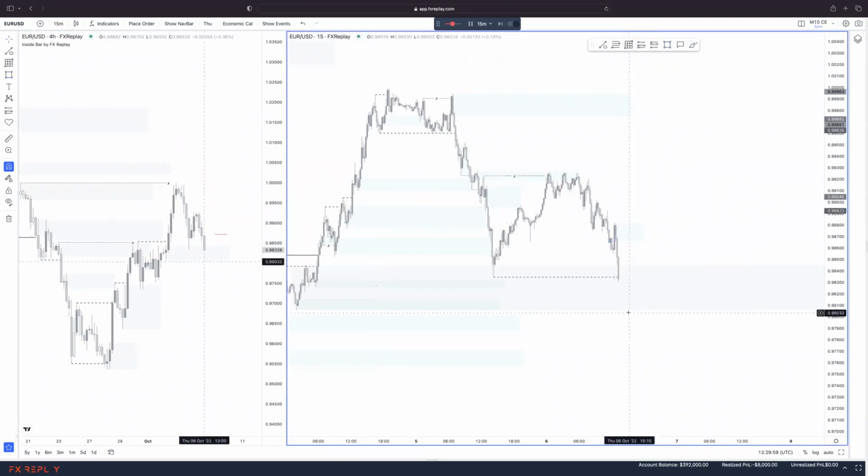That's obviously the supply which caused the IBOS. Could look for an entry there, if you follow the mitigations. You can see everything above is pretty much mitigated. See if that POI.